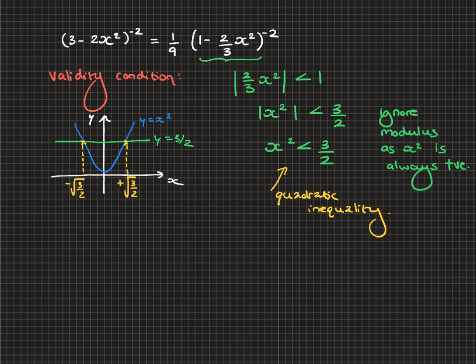But we want to know when x squared, i.e. the blue graph, is less than 3 over 2, the green graph, so we're looking at this region here. Now this region is satisfied by these values here, so the validity condition is that x is between negative root 3 over 2 and positive root 3 over 2. Or if you want this in the format of a modulus, mod x is less than root 3 over 2. And if you want to, you can rationalise the denominator here.